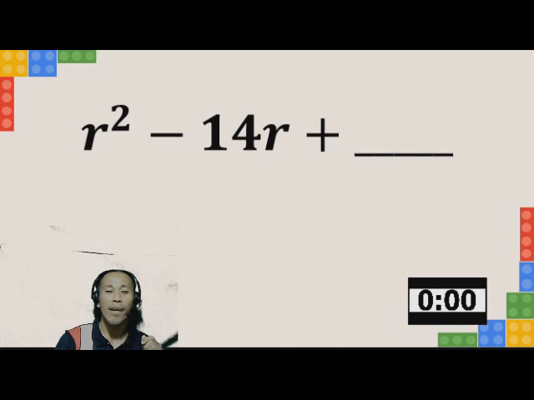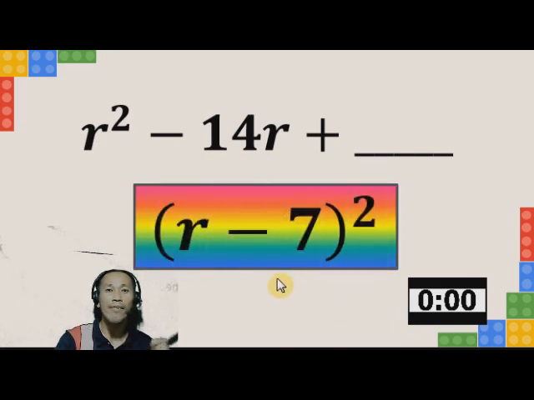Then multiplied by r minus 7, that is r minus 7 quantity squared in our other form. Now, we are going to complete the trinomial. The blank must be the square of 7. 7 times 7, our answer is equal to, very good, 49. I hope you got the first one.